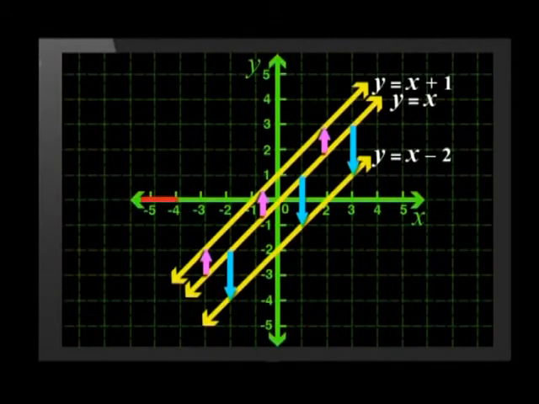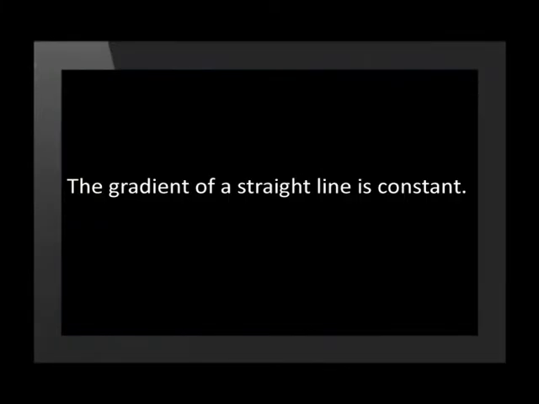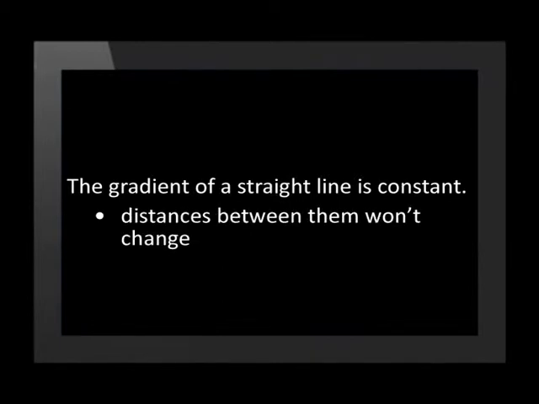You are quite right. It will be the same at any point we try. At any x along here, the distances between the lines stay the same. An important thing to remember is that the gradient of a straight line doesn't change. So the lines won't change direction, and the distances between them will also not change.